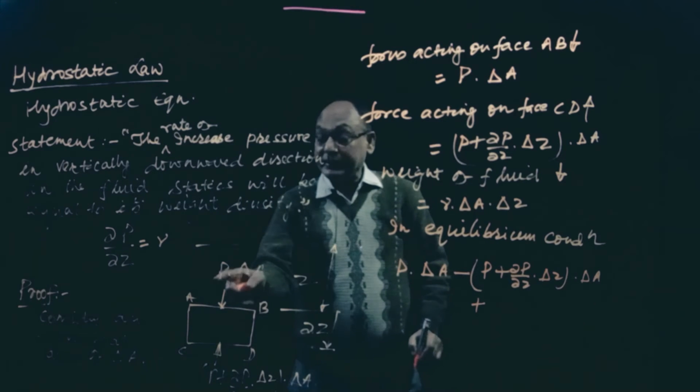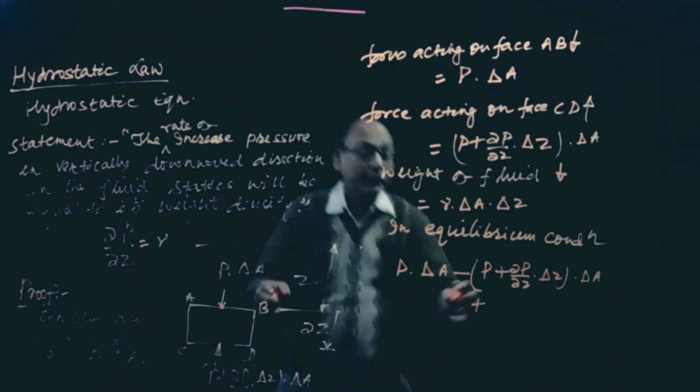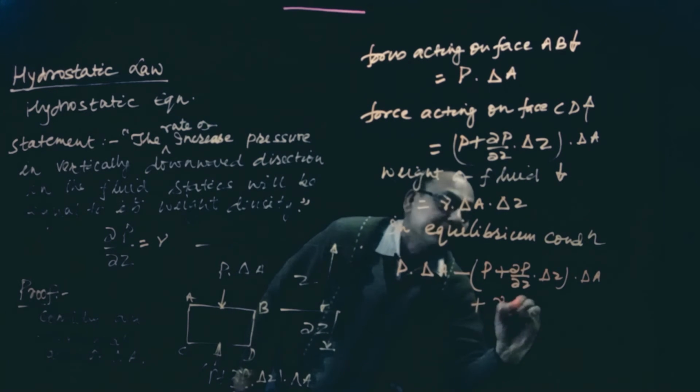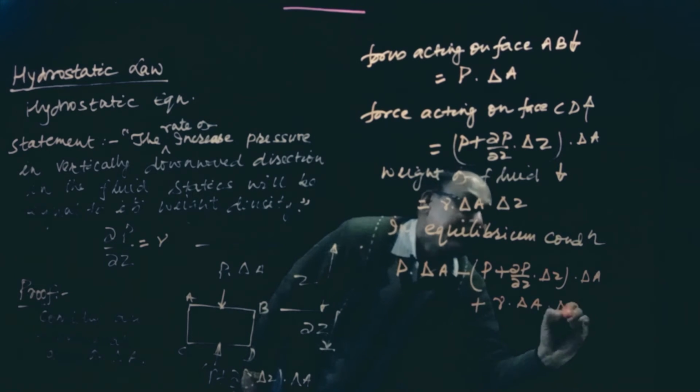So P into delta A has the same direction as the weight, that is gamma into delta A into delta Z.